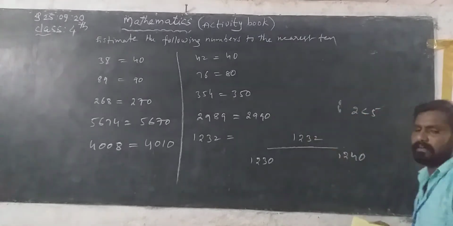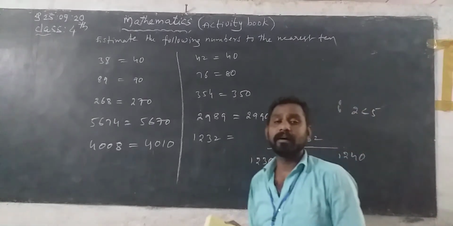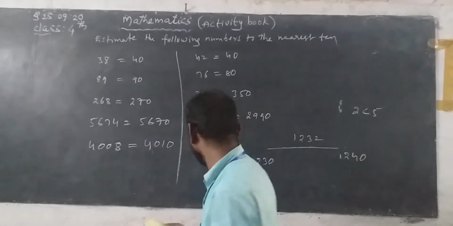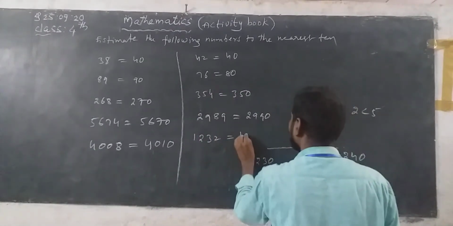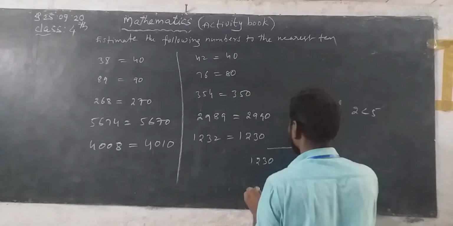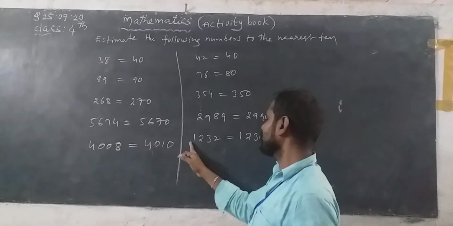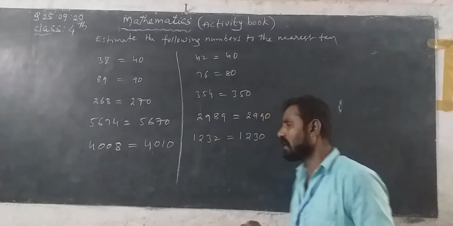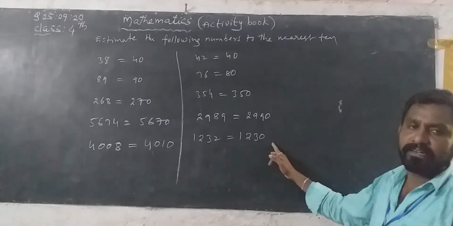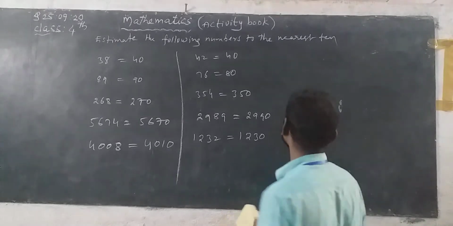So we have to take before tens, means 1230. So 1232 is rounded off to 1230.